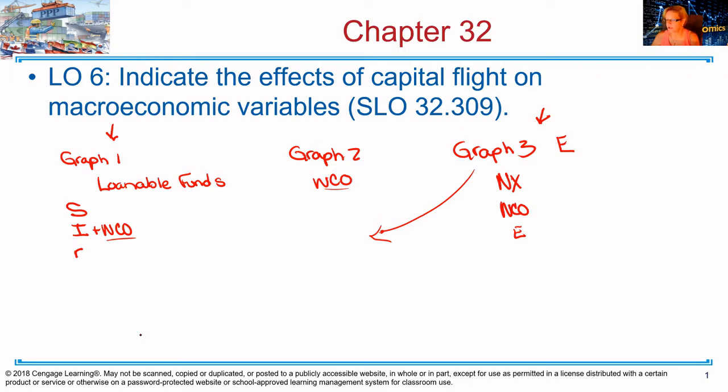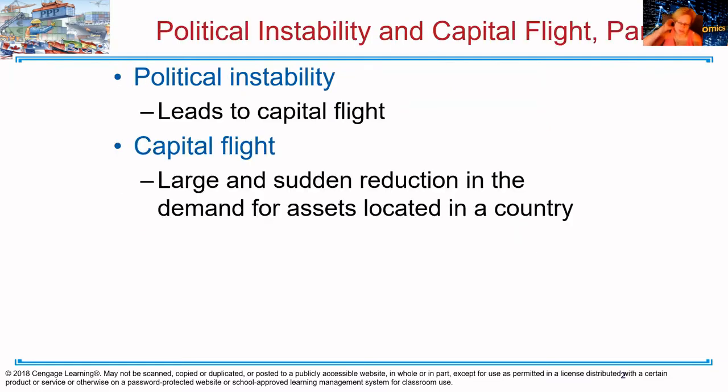So in this particular objective, what we're going to look at is capital flight, which begins in graph 2 and then ripples out to the other two graphs. What causes capital flight, and what is it? Capital flight is a reduction in the demand for assets, let's call these financial assets, located within a country.